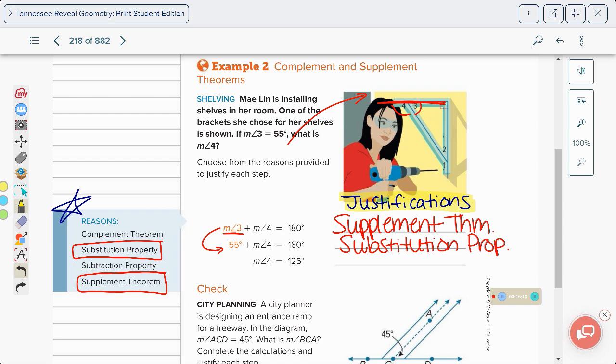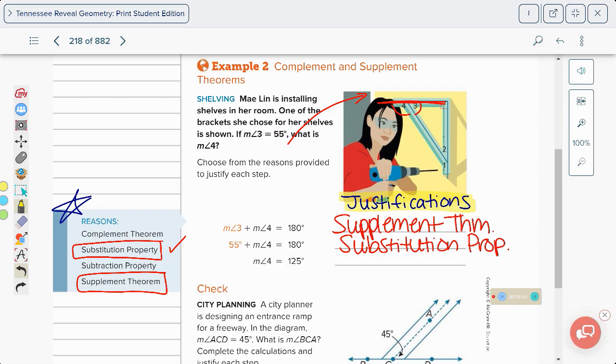Okay, and last but not least, so here, you can maybe have two answers, right? I told you guys whenever things get simpler, you could use substitution, okay? Or we could also use something else. So if we go from statement 2 to statement 3, what's happened? How did I get the measure of angle 4 equals 125? What did I do?